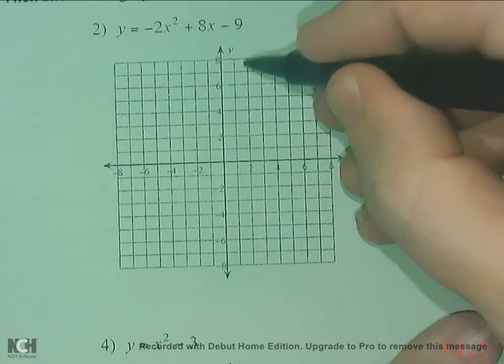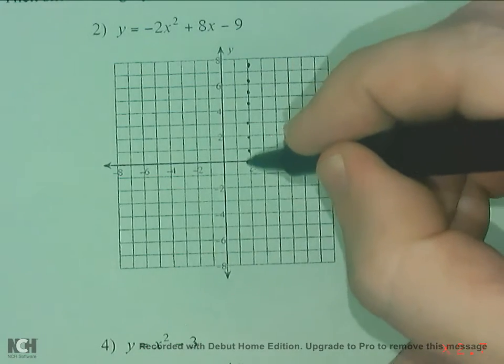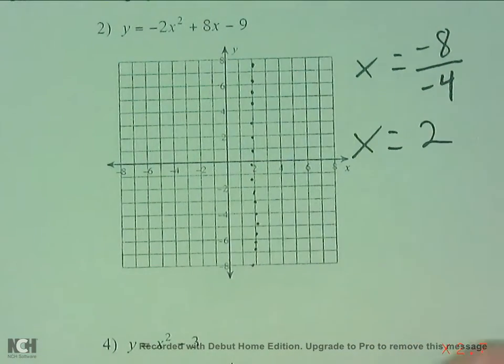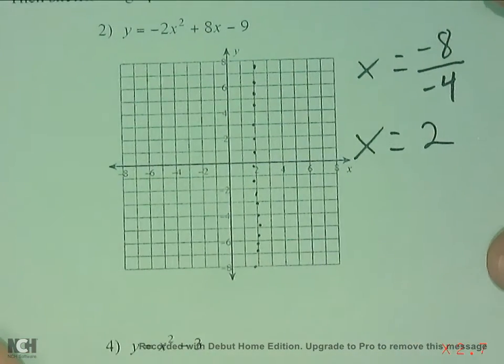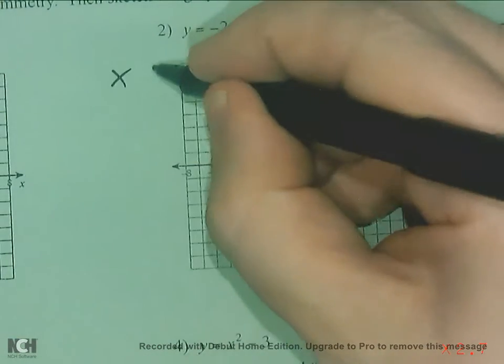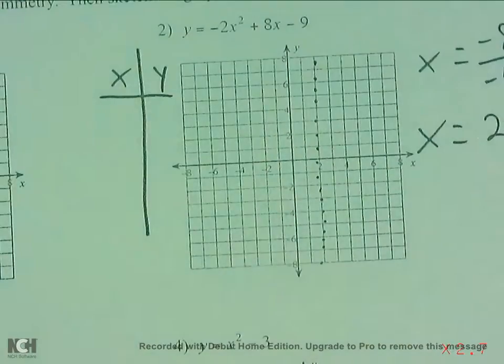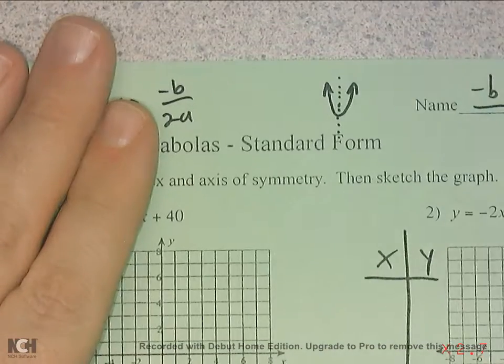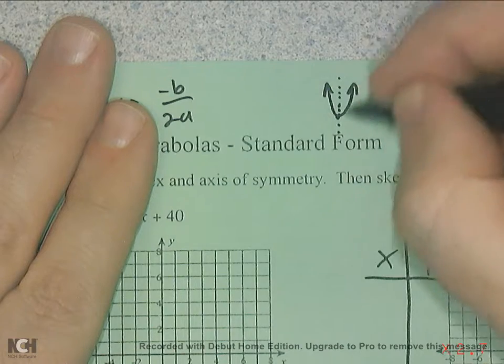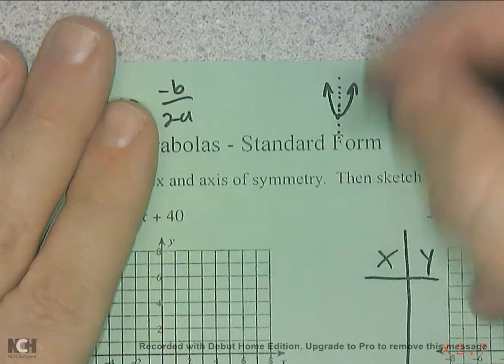So right here, this vertical line is going to be the vertical line that cuts my parabola in half. Okay? The next thing I do is I'm going to set up a table. The vertex is the point at which your line is starting, right? So it's right there, right dab in the middle.